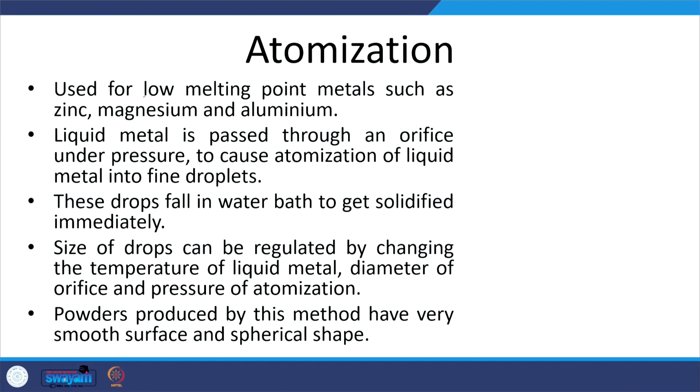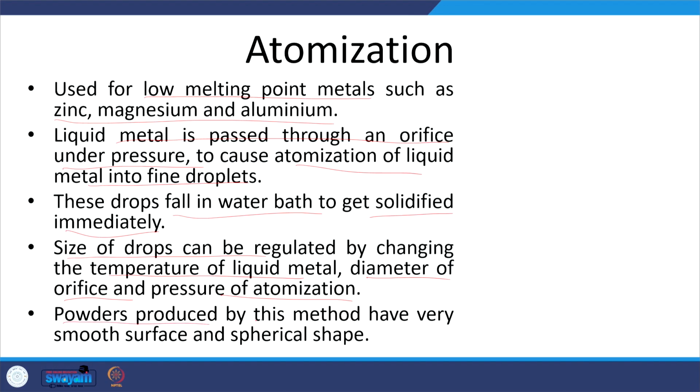This approach is good for low melting point materials such as zinc, magnesium and aluminum. Liquid metal is passed through the orifice under pressure to cause atomization of the liquid into fine droplets. These droplets are allowed to fall in the water bath, where they get solidified immediately, and the size of the drops being formed can be regulated by changing the temperature of the liquid metal, the diameter of the orifice and the pressure used for atomization.